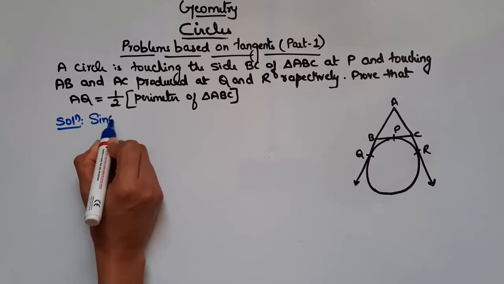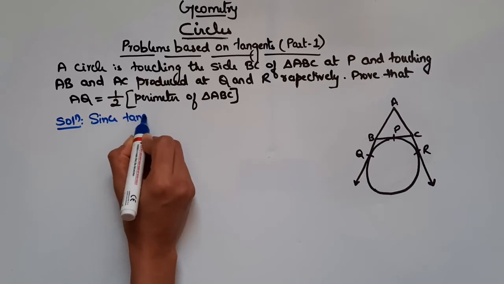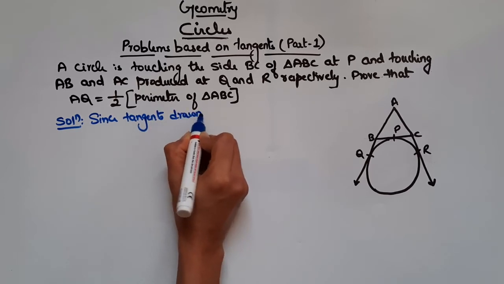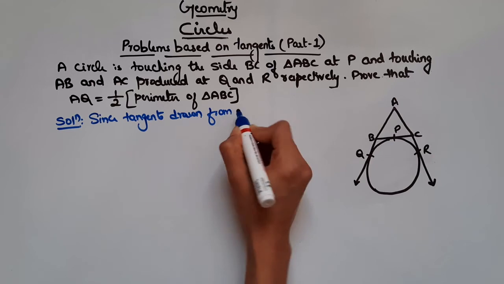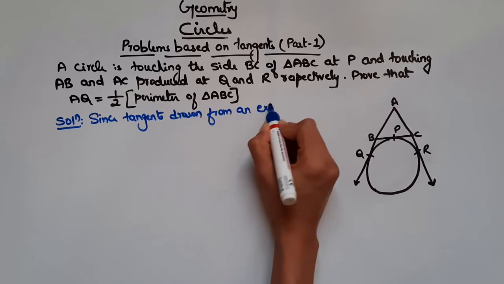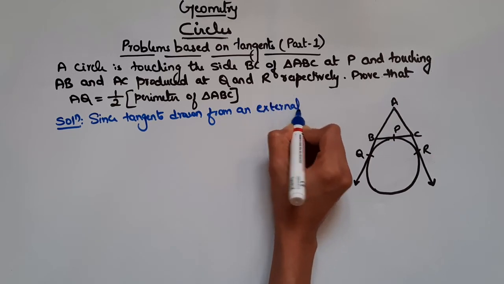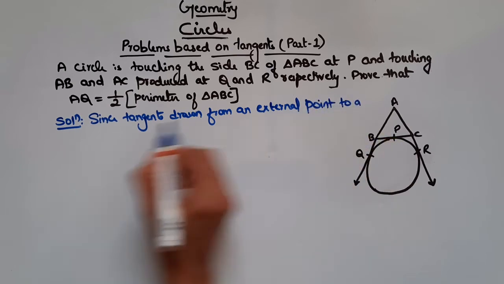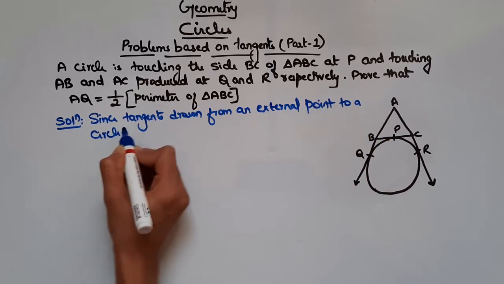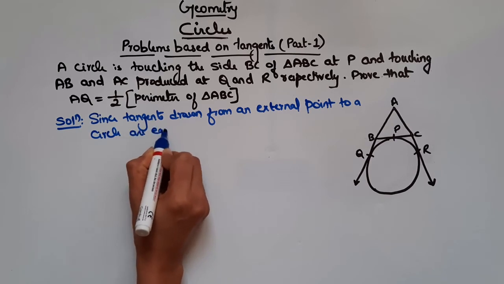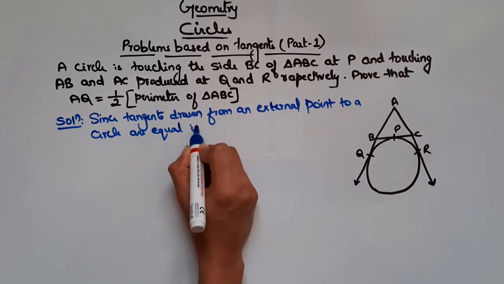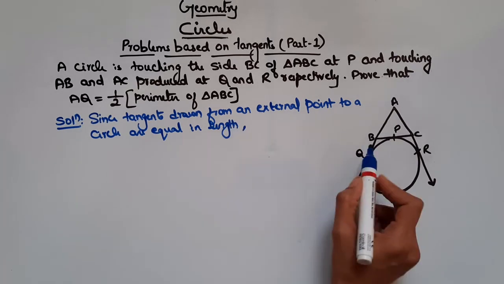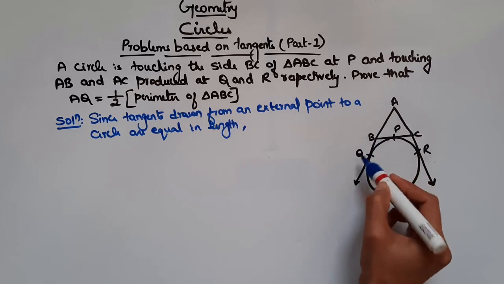Since tangents drawn from an external point to a circle are equal in length, we can say BP is equal to BQ.